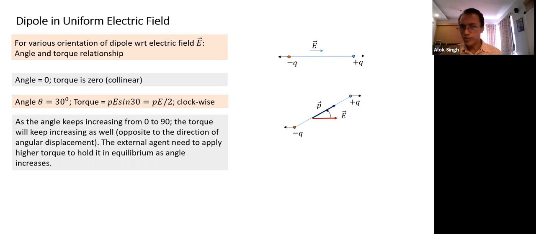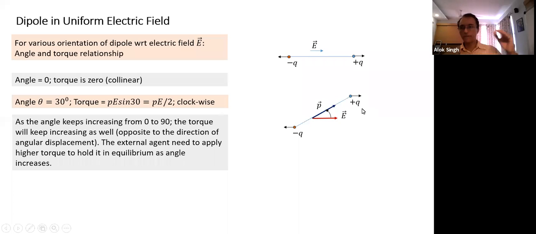The other thing we notice here is that the torque created by the electrostatic forces is opposite to the direction of angular displacement. Suppose I keep this dipole in this orientation, at a 30 degree angle. If I leave it like this in space, will it remain there?